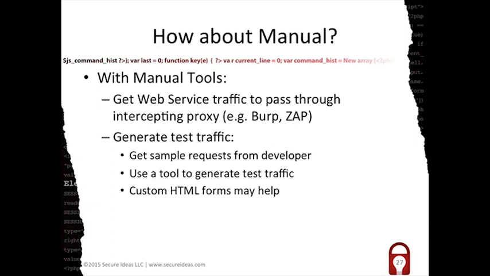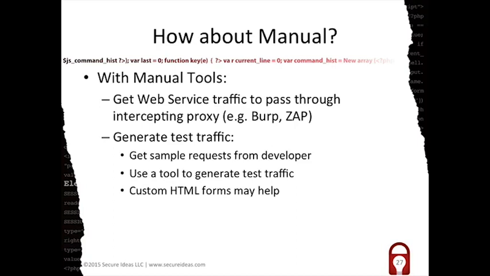So what we'll want to do is generate some kind of test traffic. Get a valid request and response, and then make use of that to probe and test the application.